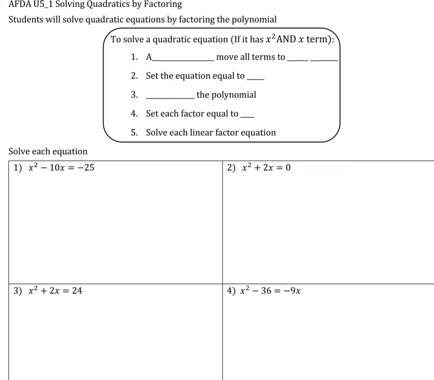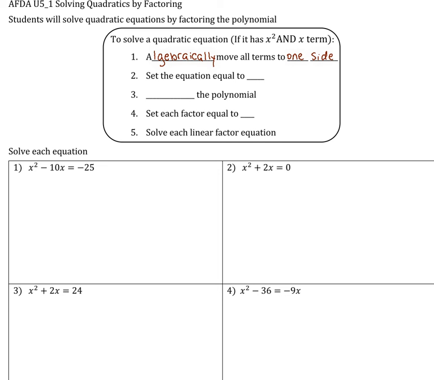Now, a very important distinction we have to look at is, in this lesson, we're only looking at quadratics that have an x squared and an x term. When we have an x squared and an x term, the first step is to algebraically move everything over to one side.